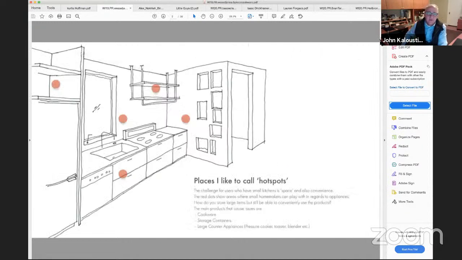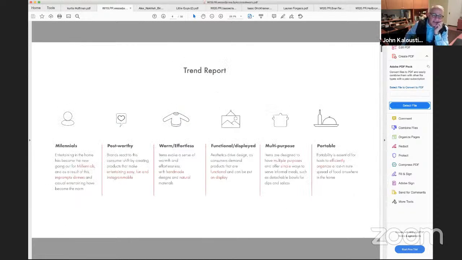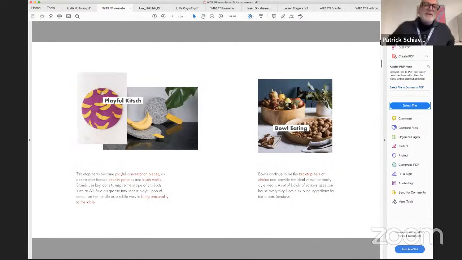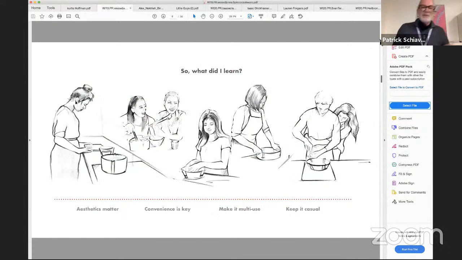So, Pat, this was a project that you did, and I think it displays nicely. It's kind of a long one, but what it came down to was the brief was small space living. And Jen did this project.